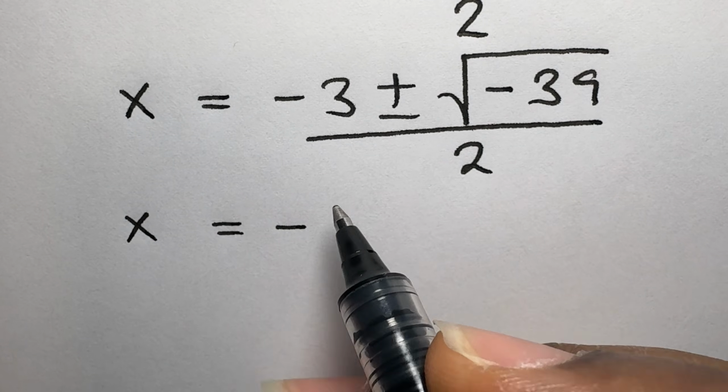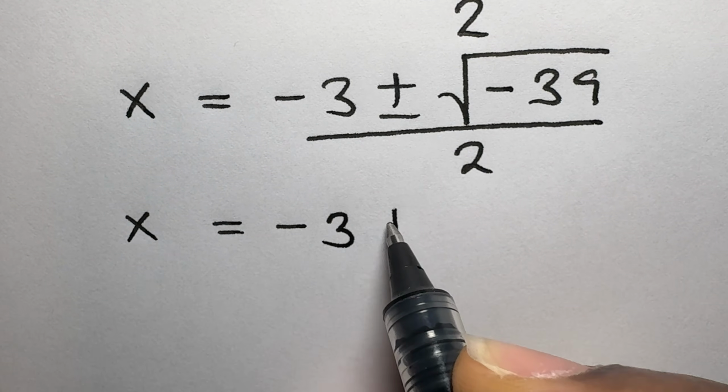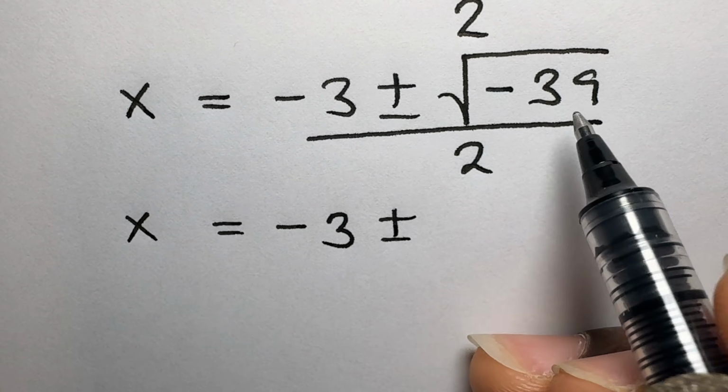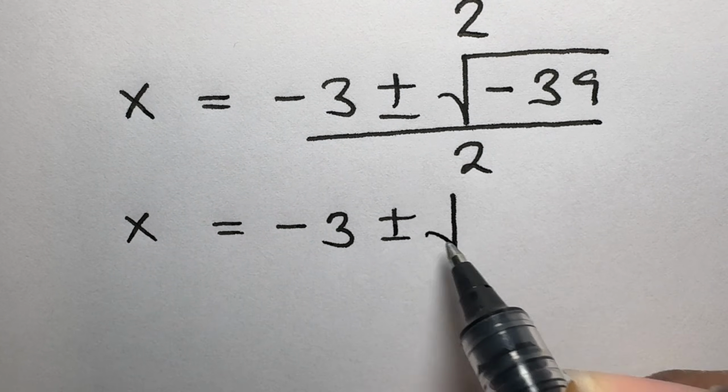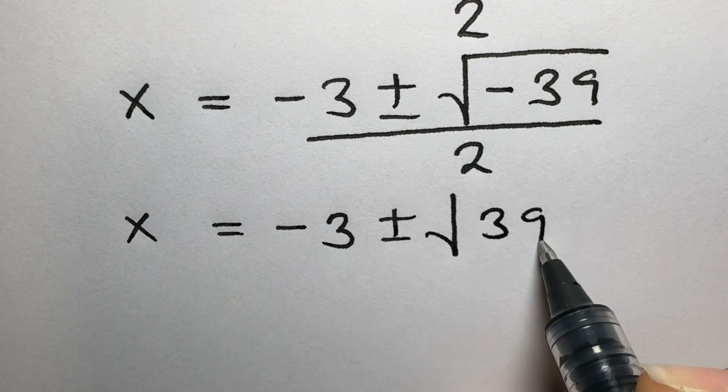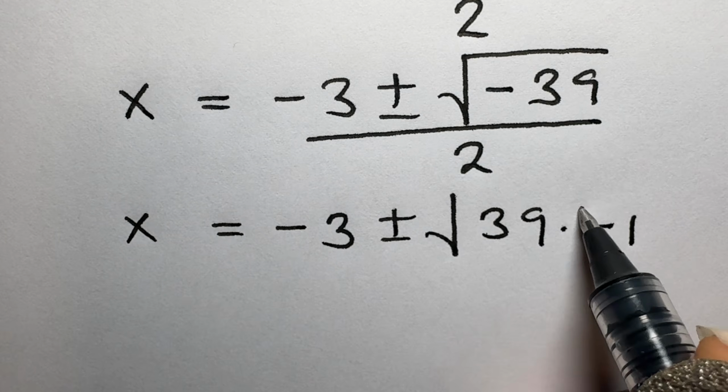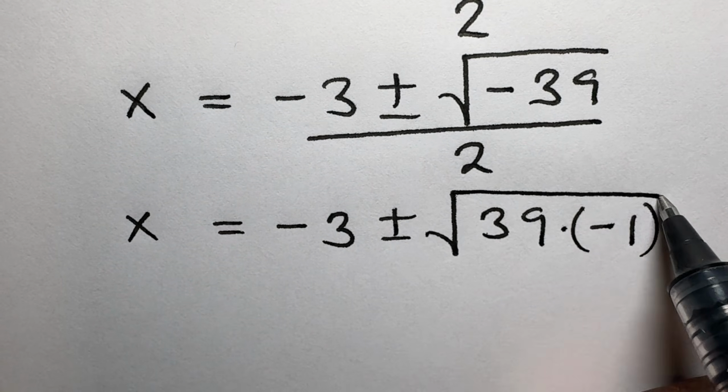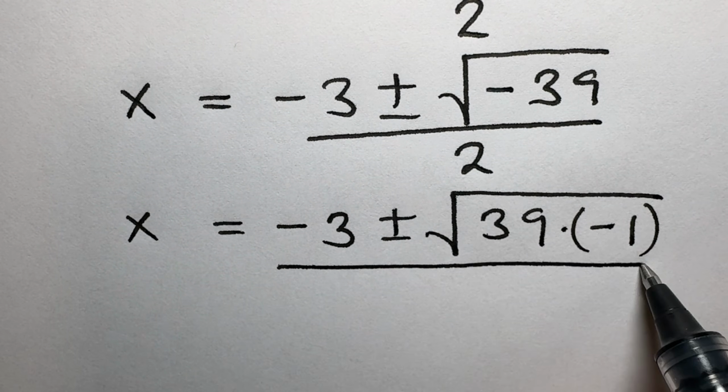So x is equal to minus 3 plus or minus, this is something like saying square root of 39 times negative 1, square root of that, divided by 2.